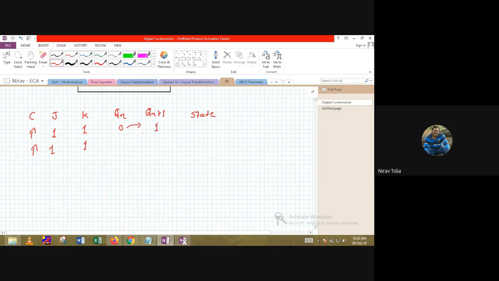So my Qn plus 1 is 1. And suppose my Qn, the previous state output, is 1, then it will toggle to 0. So the output changes from 0 to 1, 1 to 0. That's why this state is known as the toggle state.